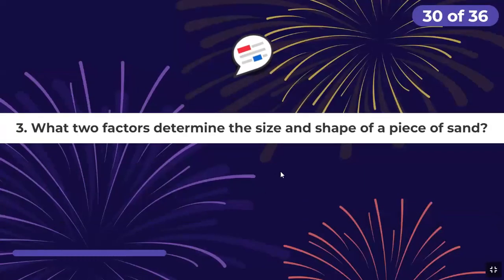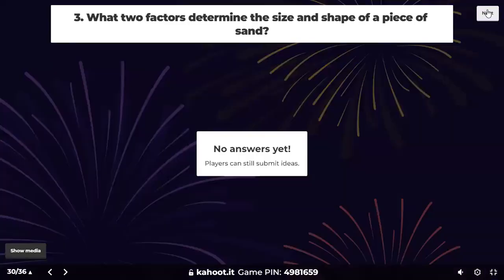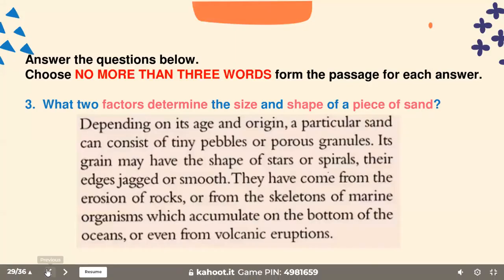I need to skip this one. How can I skip this? Sorry, guys. Now this is the third paragraph. Here we are looking for two factors that determine the size and shape of a piece of sand.